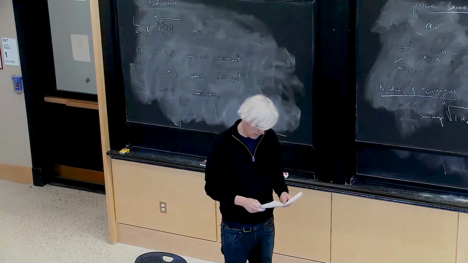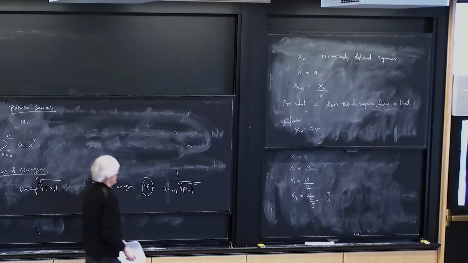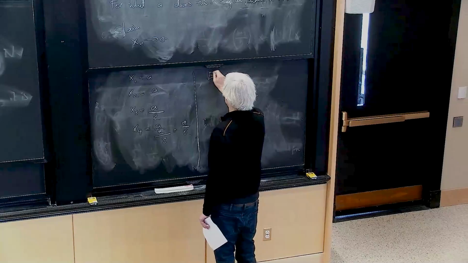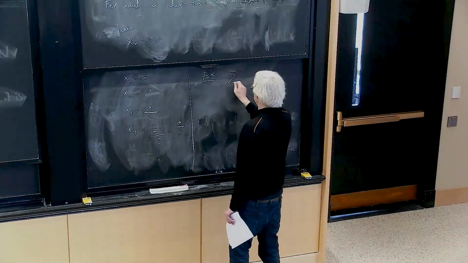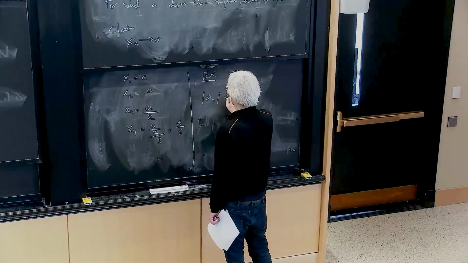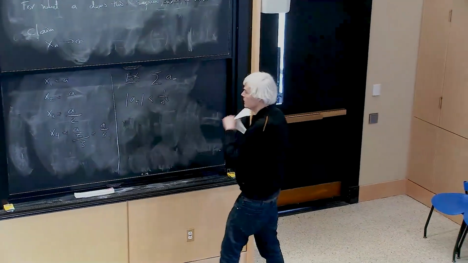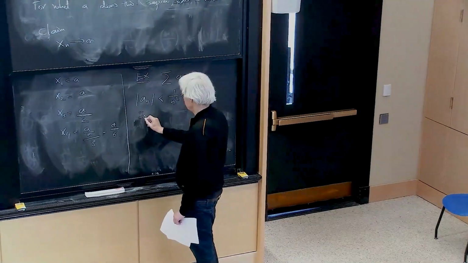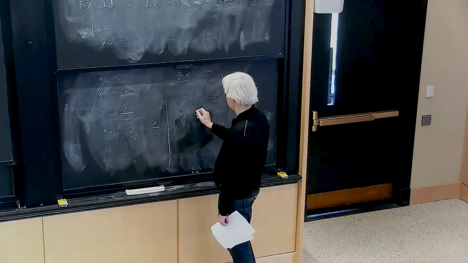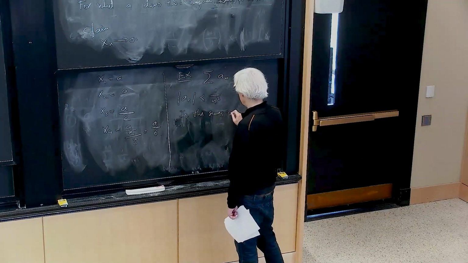The other thing, in the last minute here, would be this: suppose you take a series like this, and suppose that a_n was less than 1 over n squared. And suppose that's all you know. Is the series convergent or divergent?